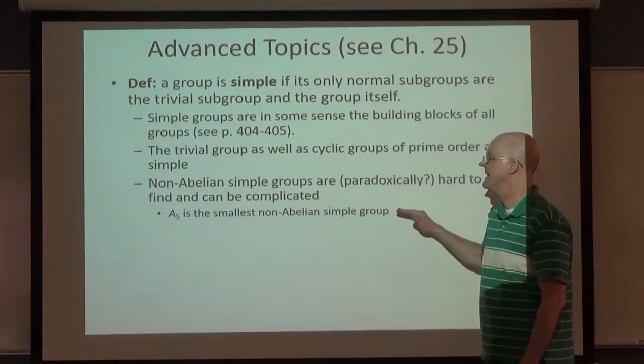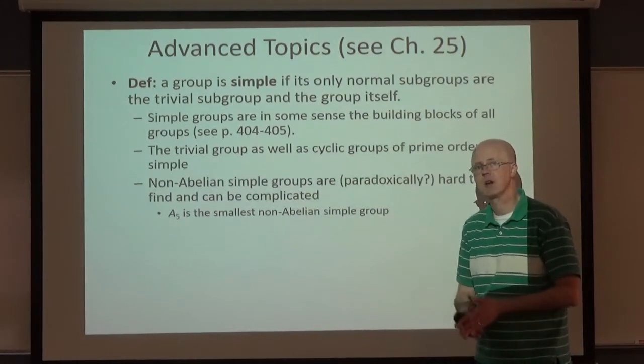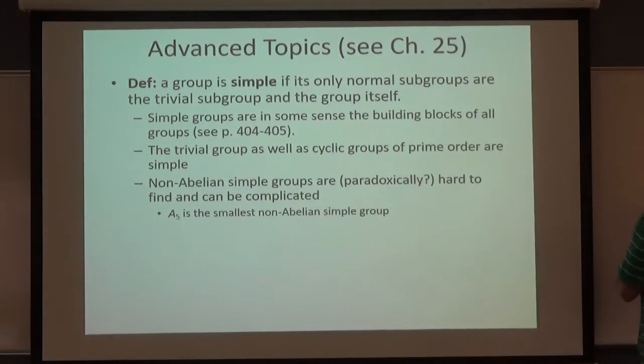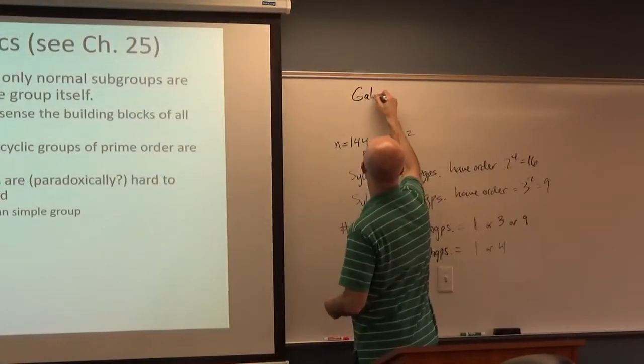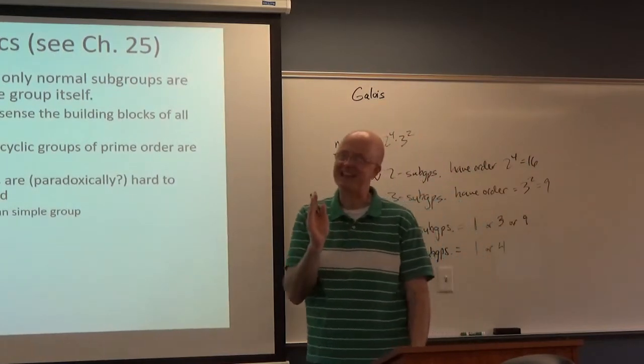This has real big historical significance, mathematically speaking. It goes back a couple hundred years ago to Galois, who was French. It looks like Galois, but do not say Galois, okay? Say Galois.